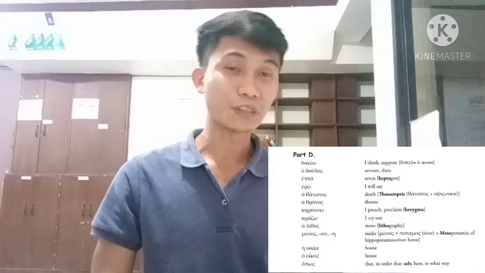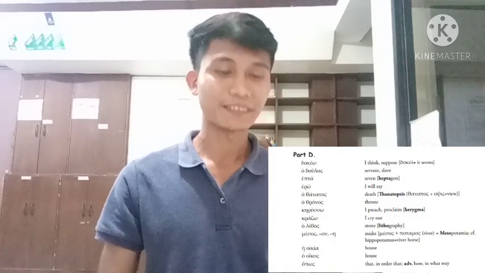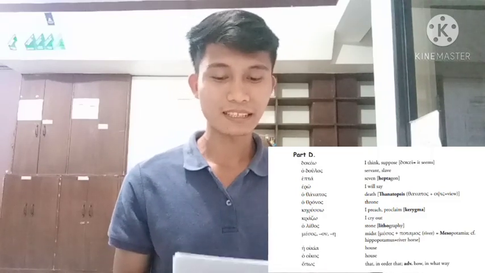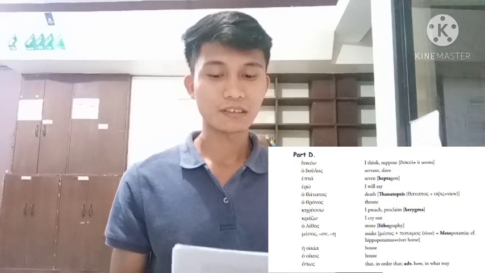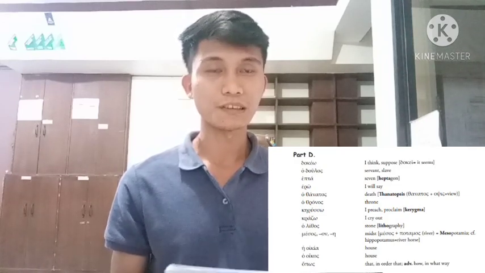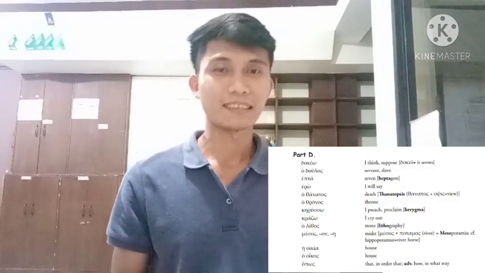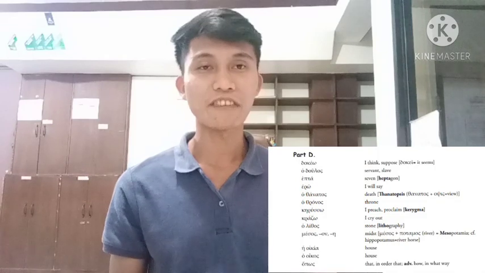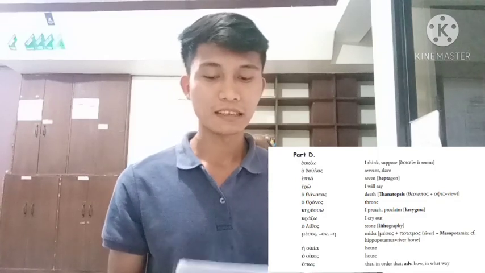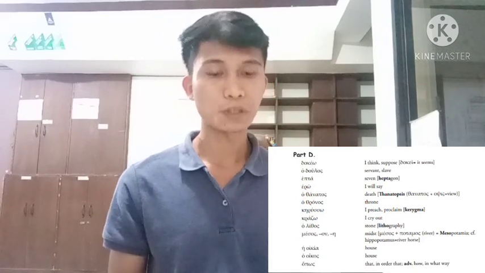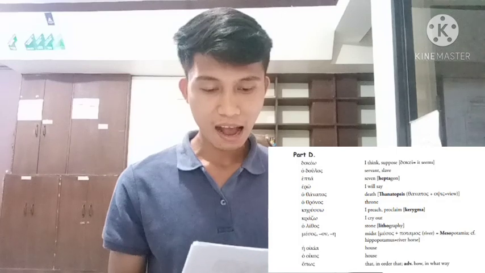Part D. The first word here is dokeo, which means I think, I suppose. The next word is ho doulos, which means servant or slave. The next word is hepta, which means seven. The next word is ero, which means I will say.